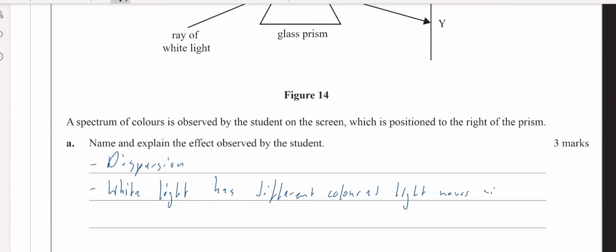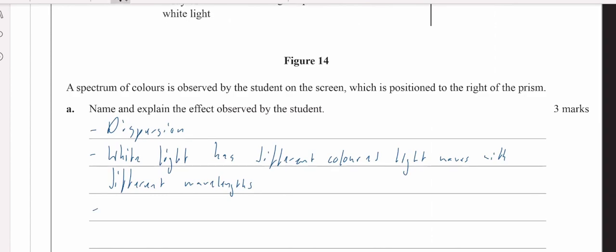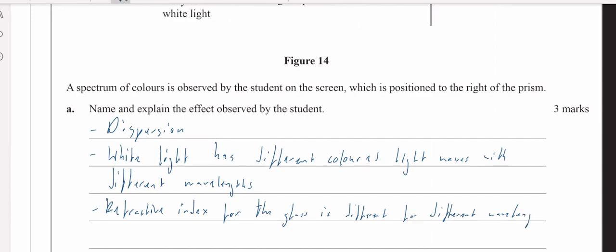Light waves with different wavelengths. The refractive index for glass is different for different wavelengths.